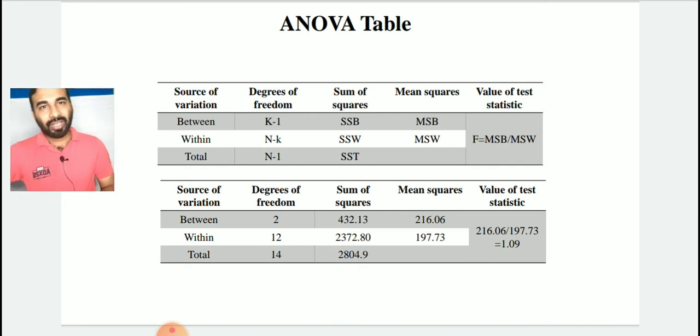Clear? So I hope that in this session we discussed two concepts: what the F test is and the uses of the F test. First, to compare two variances, and second, to compare more than two means, for several means.